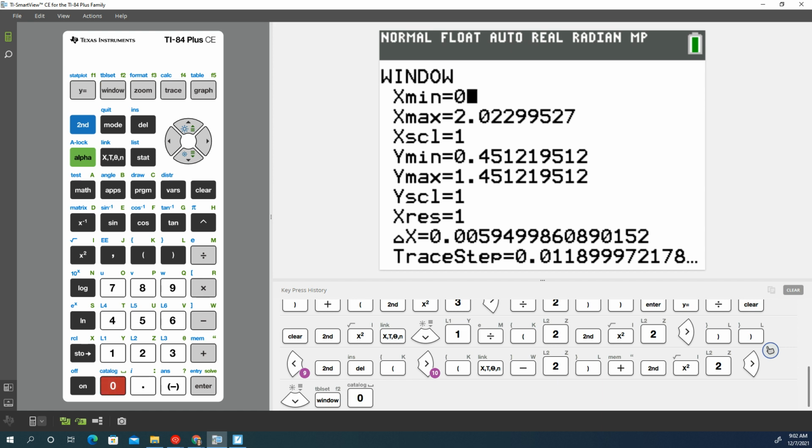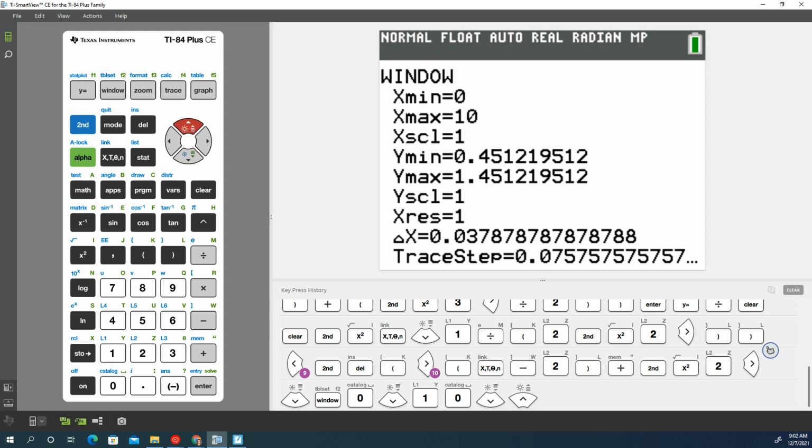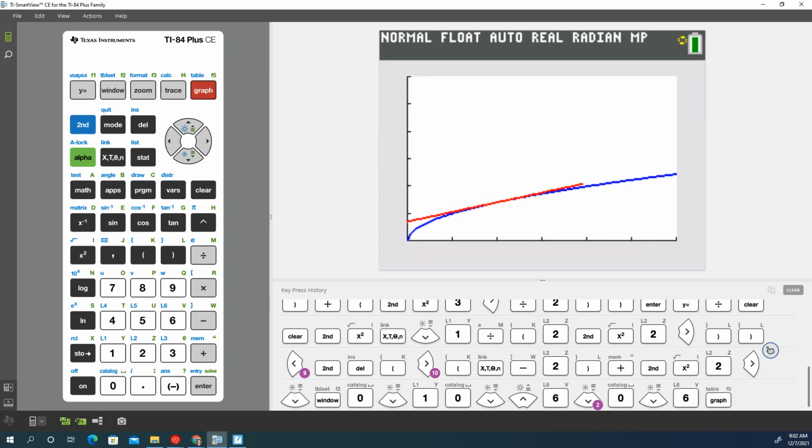Okay, let's just see what this looks like on a graph for a second. We probably don't need to go all the way out to 10, maybe like 6. So here's my square root curve. Here's my equation of the tangent line, linearization, tangent line approximation.